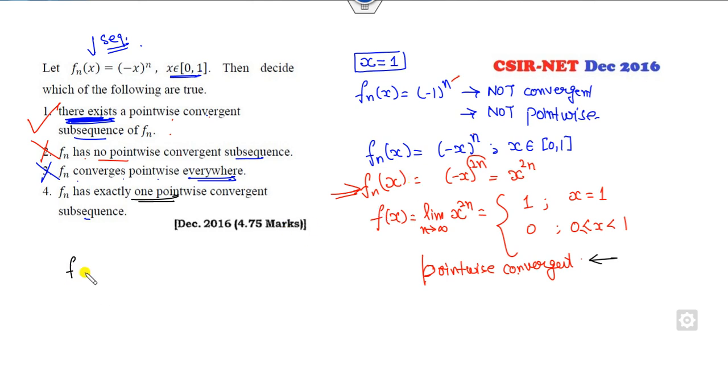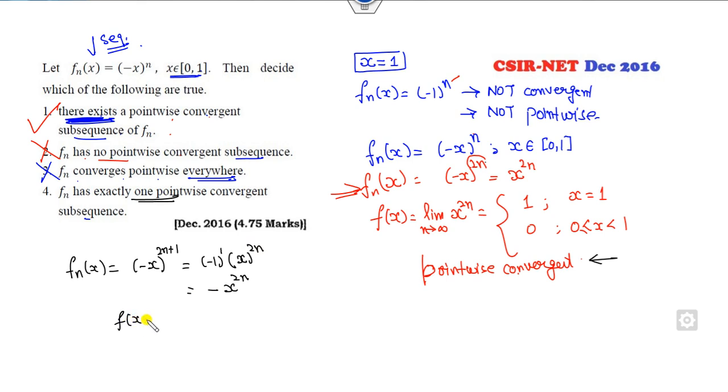Again, I can simply take, instead of this 2n, if I consider 2n plus 1, that's an odd sequence. So what will happen? It is minus 1 raised to power 1 and x raised to power 2n. So that is minus x raised to power 2n.